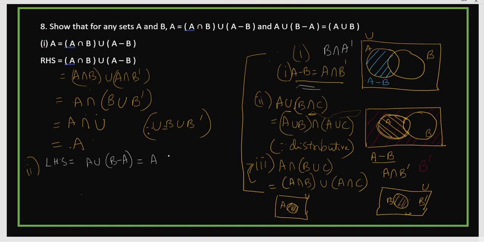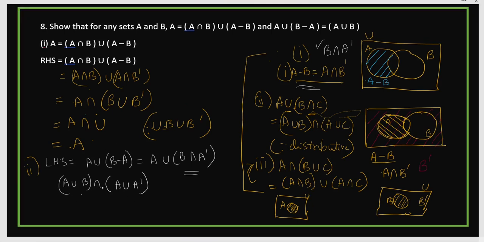So A union (B intersection A complement). Understand this: we have written B minus A as B intersection A complement. Now we will use the simple distributive law: (A union B) intersection (A union A complement). Right? This is what we get.